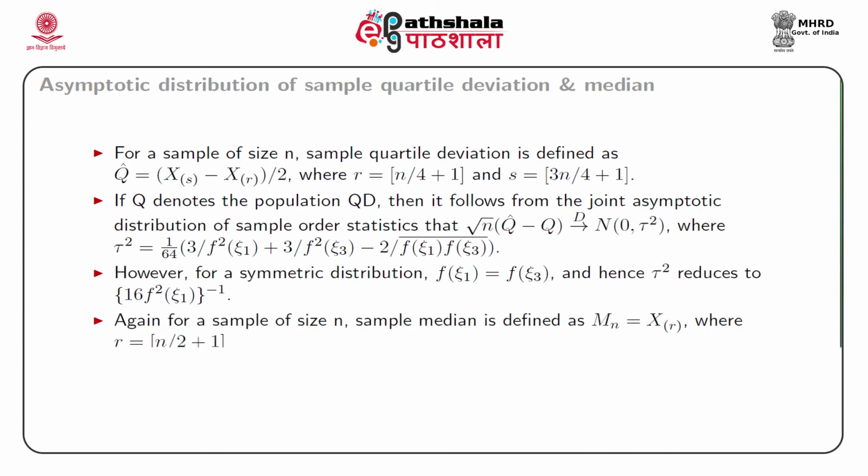Again, for a sample of size n, sample median is defined as mn, the rth order statistic, where r is taken as the greatest integer contained in n by 2 plus 1.